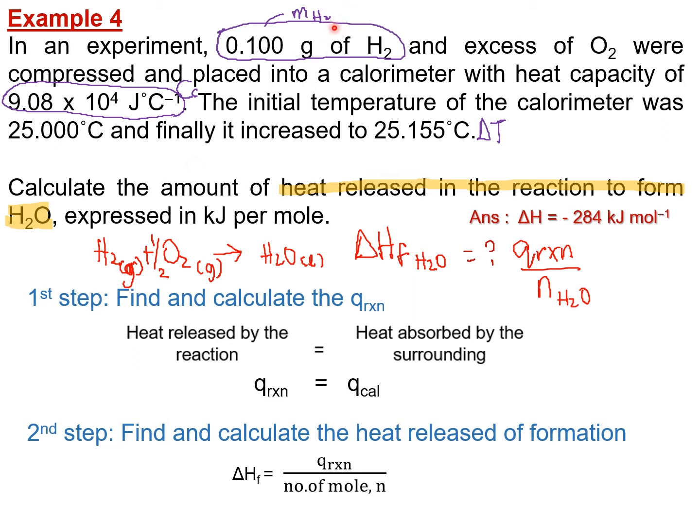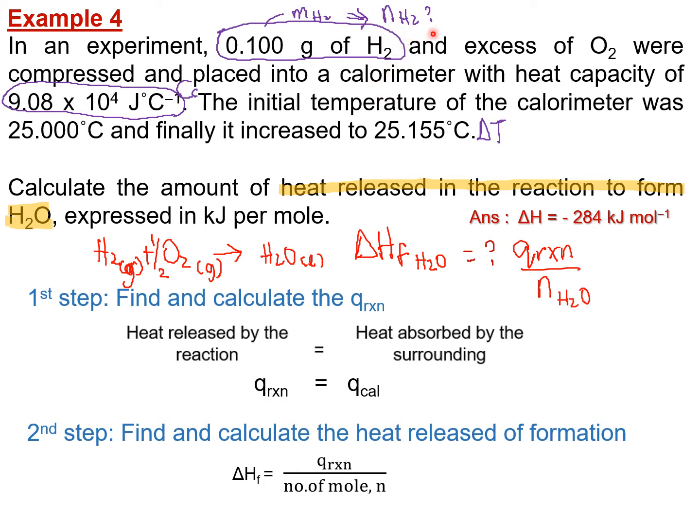So bila dia bagi mass of hydrogen gas, you bolehlah cari dia punya number of mole of the hydrogen gas. Macam mana nak cari number of mole of hydrogen gas? Mass bahagikan dengan molar mass. Molar mass of hydrogen berapa? Kalikan dengan 2. Alright.